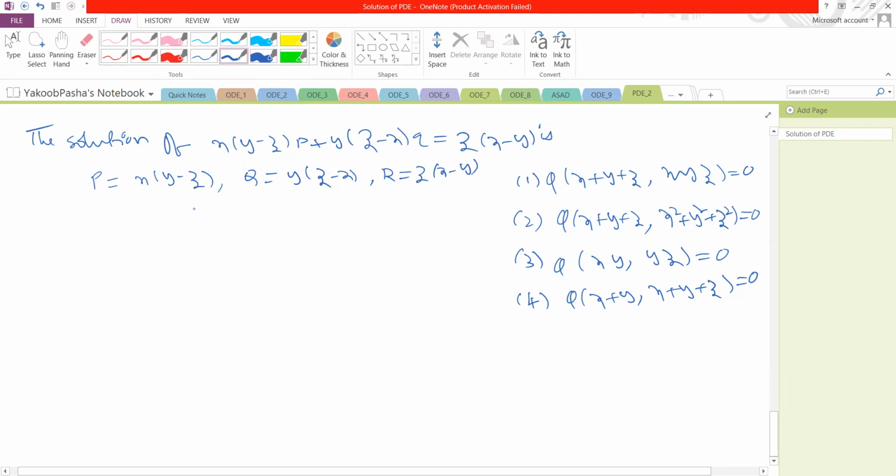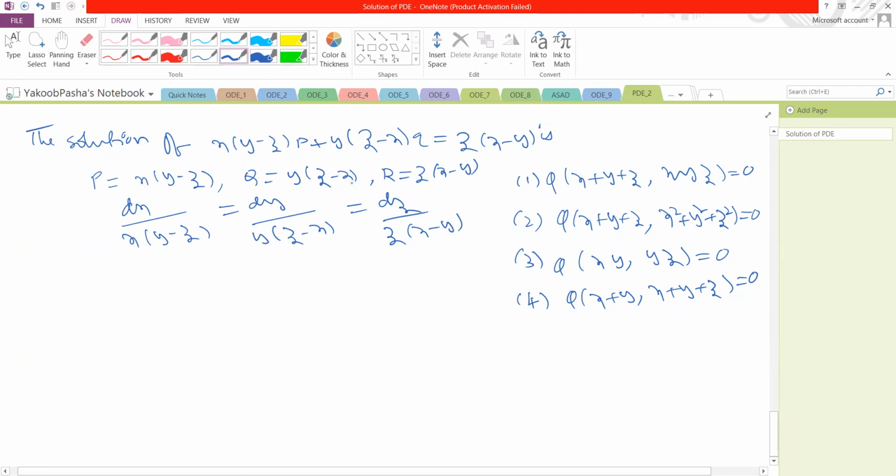We can solve this system of equations. I am writing system of equations: dx by x into y minus z, and dy by y into z minus x, and dz by z into x minus y.